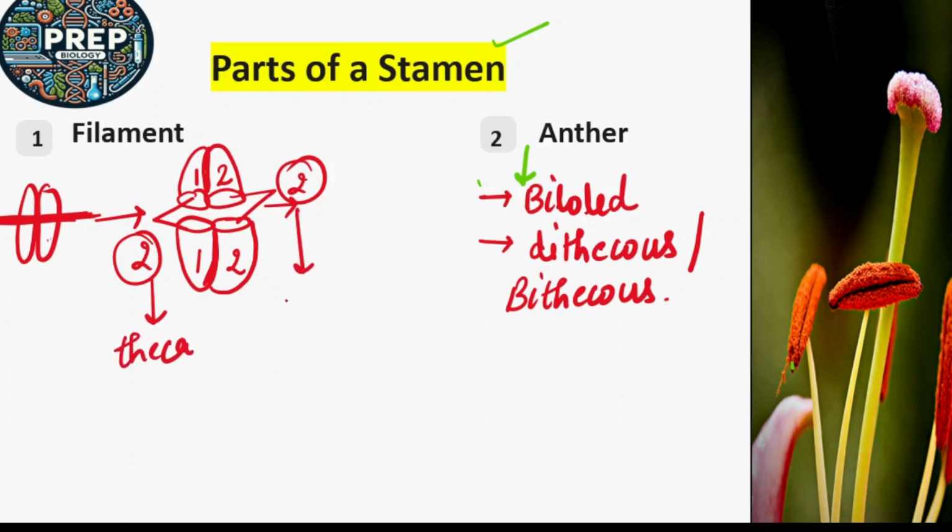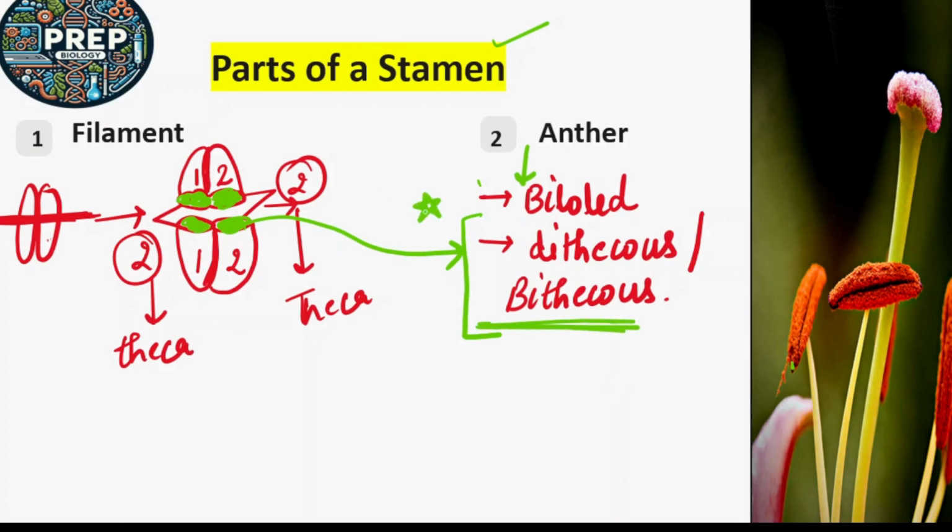Inside one lobe we have theca 1 and 2, and in the second lobe theca 1 and 2. That's why in angiosperms the anther is dithecous or bithecous in nature. Is it clear to you all?